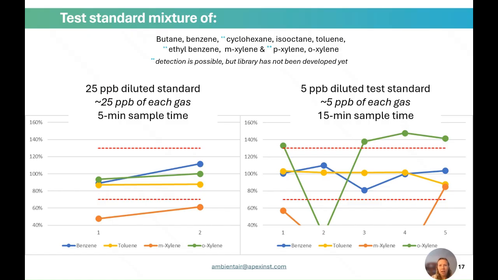This explains why the M xylene measurement appears to be on the lower end of the plus or minus 30% range. But this is again because the combined total of M and P xylene was about half as much as the other compounds that were closer to 25 parts per billion. So really, the analyzer performed quite well, being able to speciate and pretty effectively quantify the difference in P and M xylene.